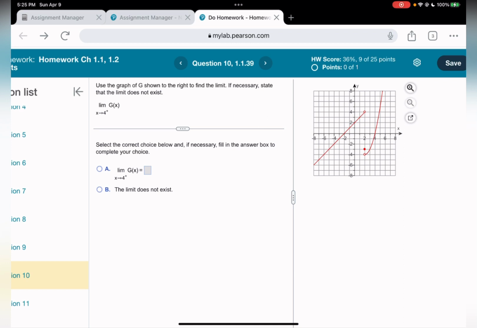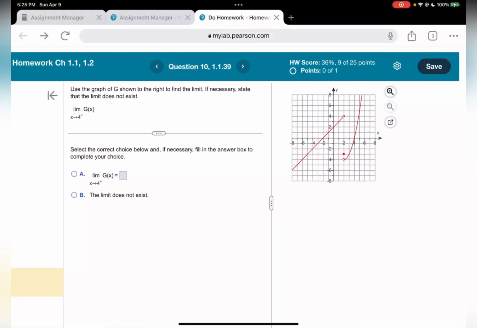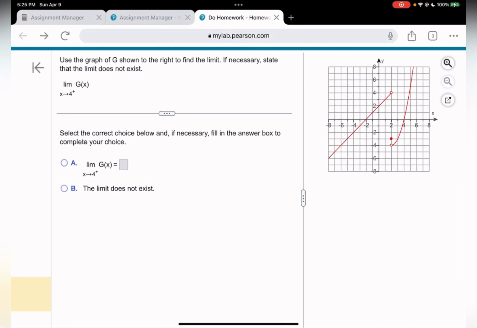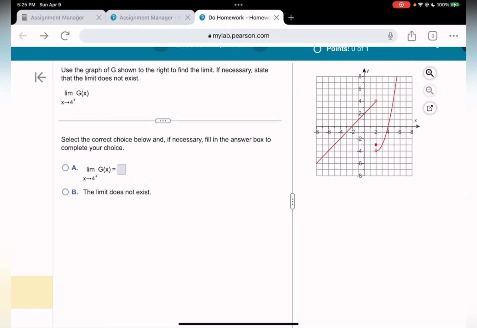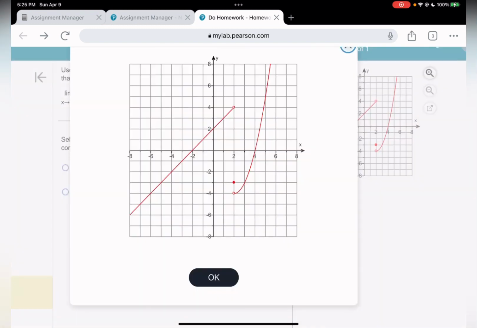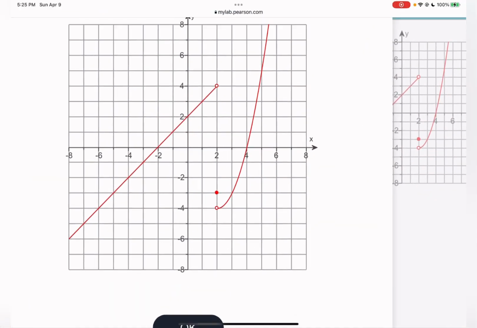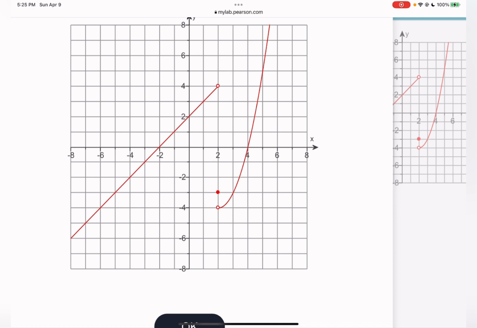Question number 10. What do we have here? One-sided limit. X approaches 4 from the positive side. So 4, that's where the right graph is crossing at the point where y is equal to 0, right?